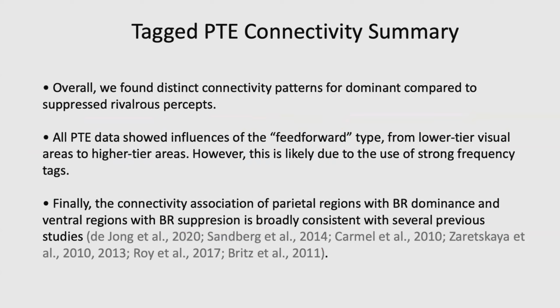The broad association that I made in this paper between parietal regions and dominance on the one hand, and ventral regions with suppression on the other hand, is broadly consistent with the literature. But this is one of the first attempts to actually dissociate dominance from suppression, and not just consider them as symmetric or anti-symmetric in a way.